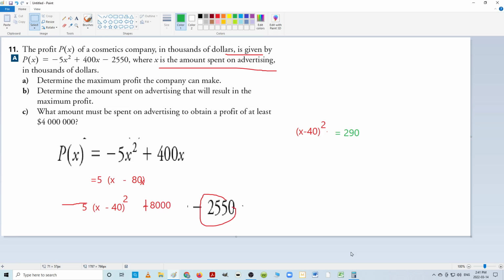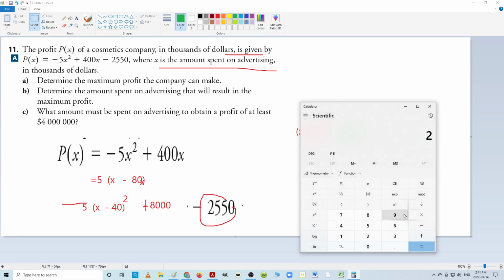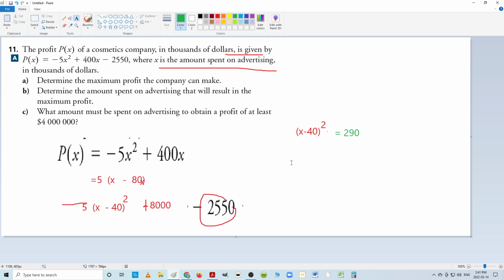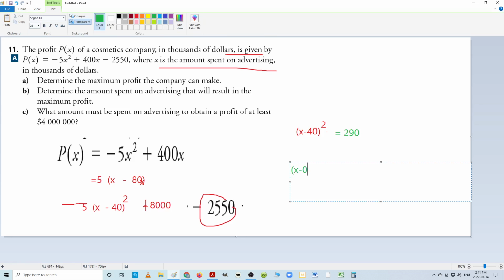When I take the square root of that, I have to create a minus and a positive, which means x minus 40 is equal to this, and x minus 40 is equal to the negative version. And when I add 40 to both sides, this one's going to be 57.02938, which rounds up to 39, which means I have to spend this much on advertising to achieve this.